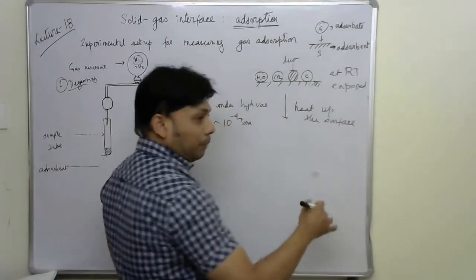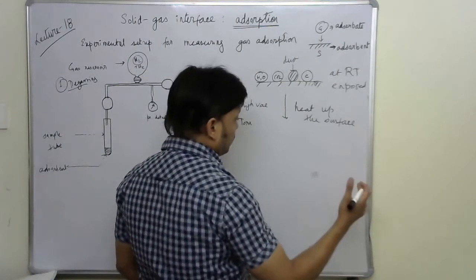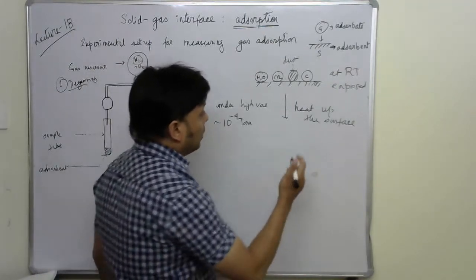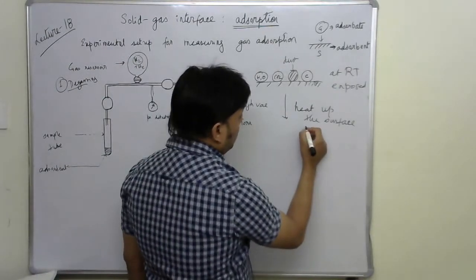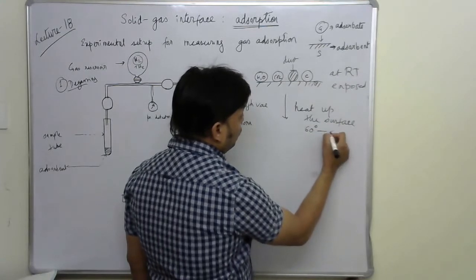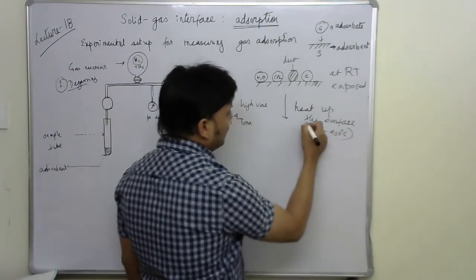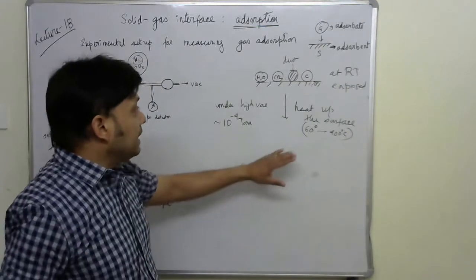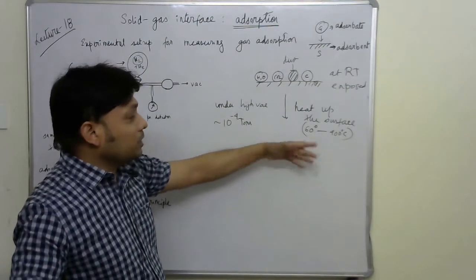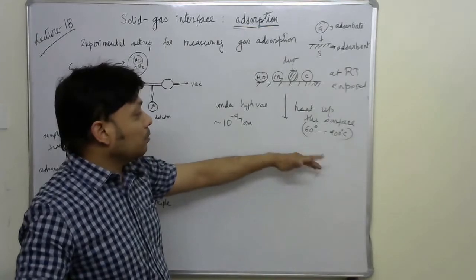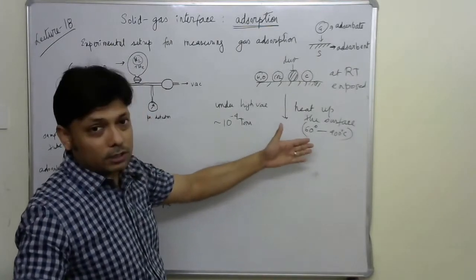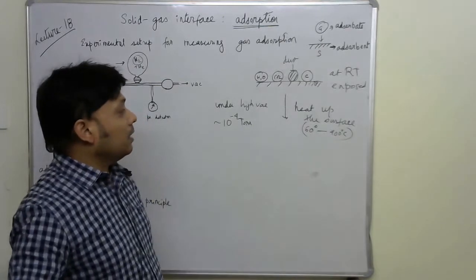and the heating can be maintained within a certain temperature range. We can go from say 60 degrees to 400 degrees Celsius. There is a wide temperature region. We select the temperature based on the solid, because at too high a temperature, some sintering may happen, or some modification of the solid surface may happen.